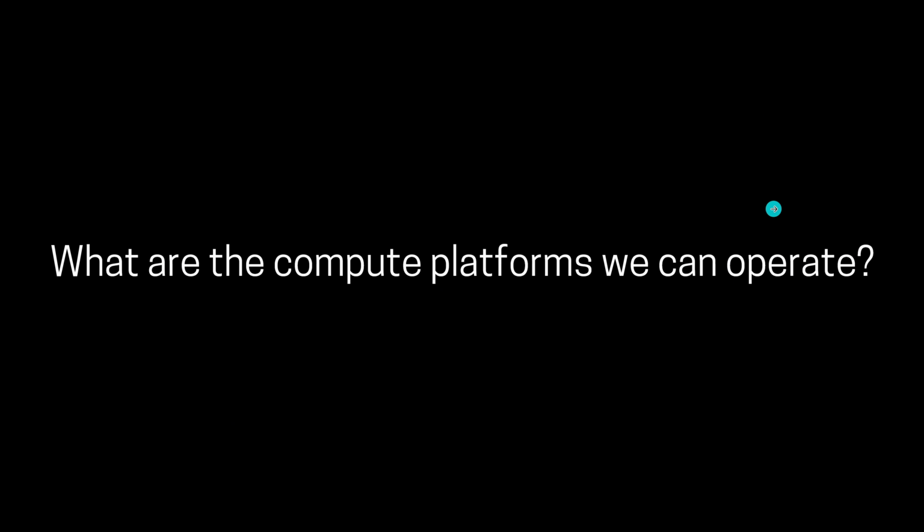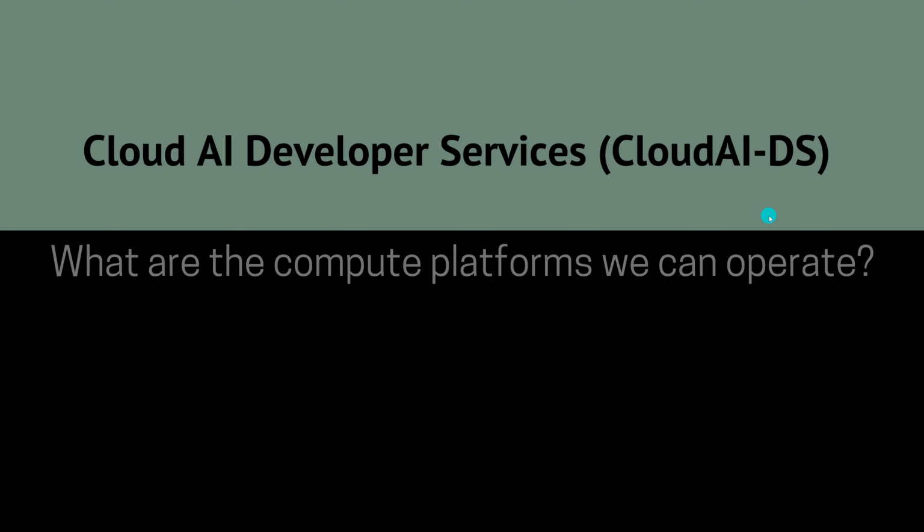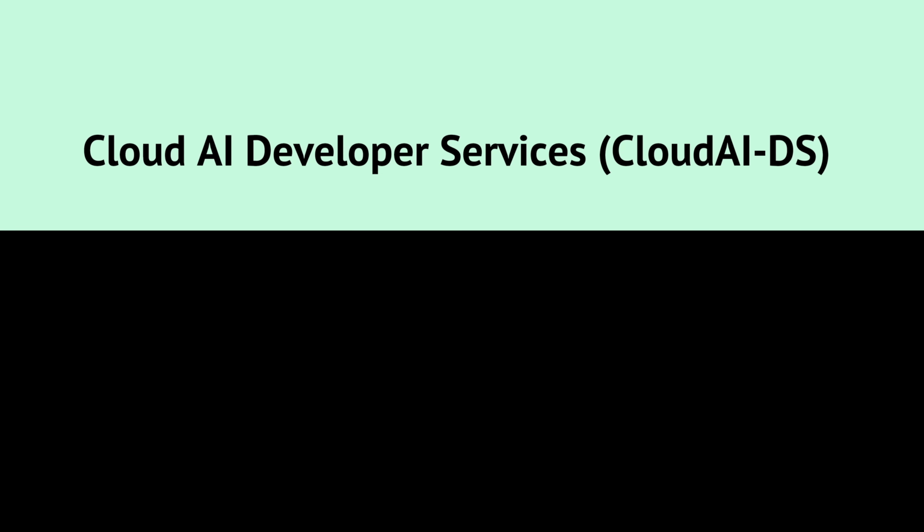But what are now for us the compute platforms we can operate as ML scientists? Now there's a category, I don't know if you've heard of it, because this is just in the American, the very intelligent American. So they are called Cloud AI Developer Services. Cloud AI DS. Or sometimes it's called CAIDS.